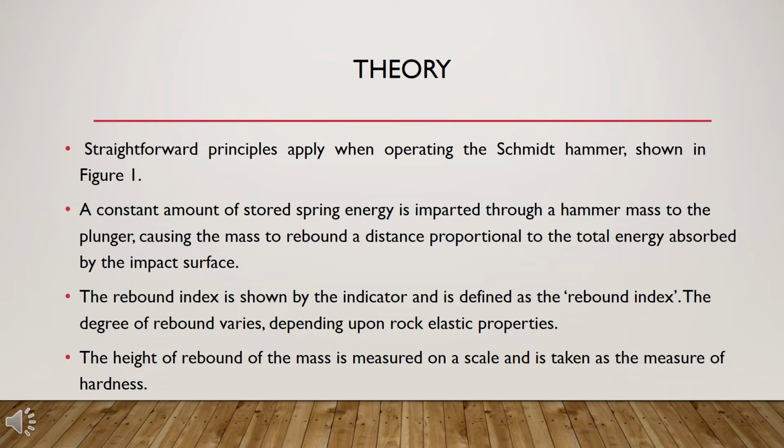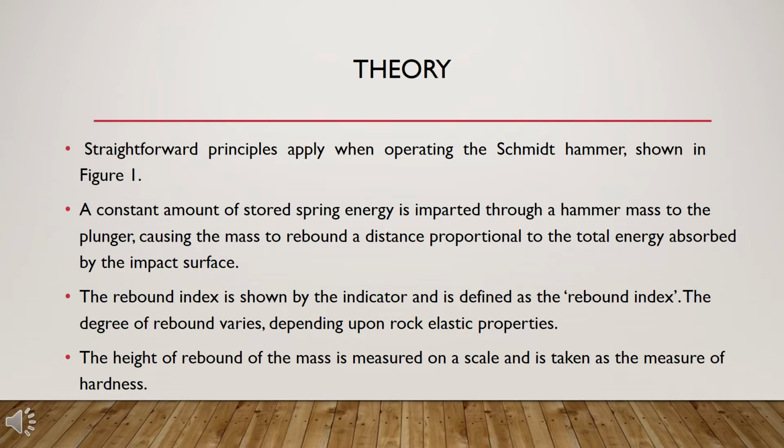Theory: a straightforward principle applies when operating the Schmidt hammer, shown in Figure 1. A constant amount of stored spring energy is imparted through the hammer mass to the plunger, causing the mass to rebound a distance proportional to the total energy absorbed by the impact surface.